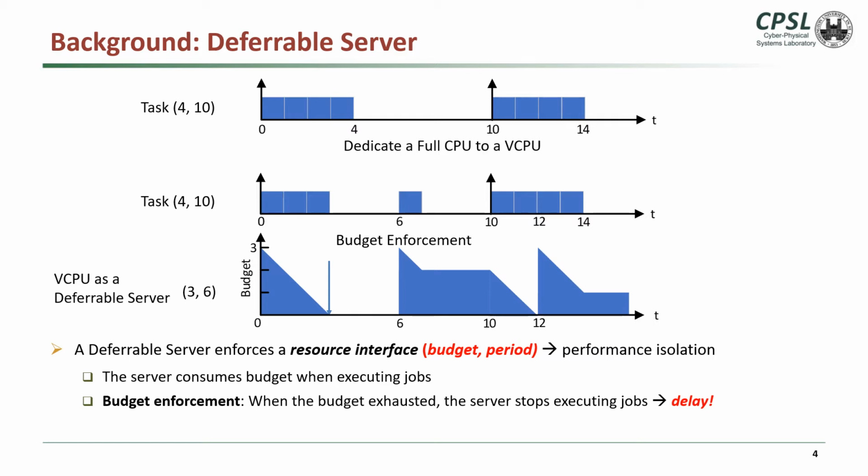It cannot continue until the budget is replenished at the next period of the vCPU. You can see here at time unit 6, the budget is replenished and the task continues to run. This causes a budget replenishment delay for the task due to the budget enforcement of the vCPU when running as a deferrable server.